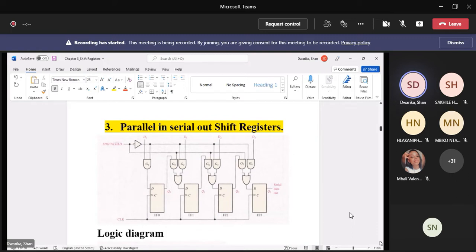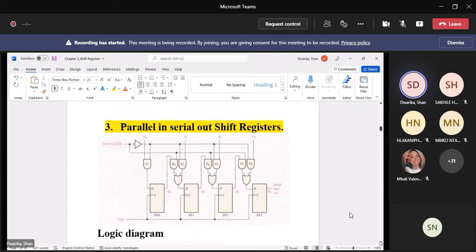And you have a shift load input on the left. The shift load helps us to move each one of the inputs in parallel in and serially out.